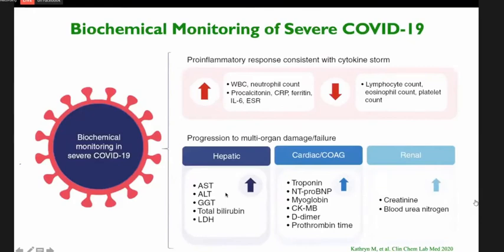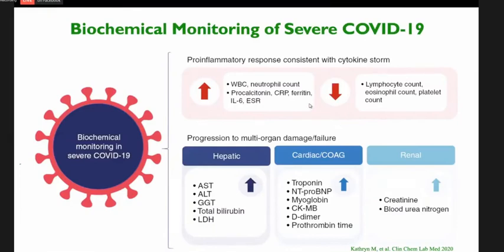So in the last section, I would like to discuss the biochemical monitoring of severe COVID-19. Various routine biochemical, hematological, and immunochemical laboratory tests are essential to assess severity, select appropriate therapeutic options, and monitor the treatment response.